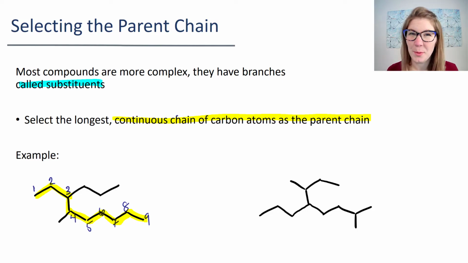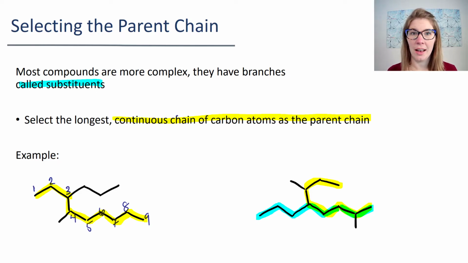All right, so for this one, if you were careful, you actually saw 2 chains that would give you 8 carbons. I'm going to highlight one of them here. So that is one way for you to get 8 carbons. Another way to get 8 carbons would be to start on the left and just go straight across. Now for IUPAC, you need a set of rules that we're going to consistently follow.